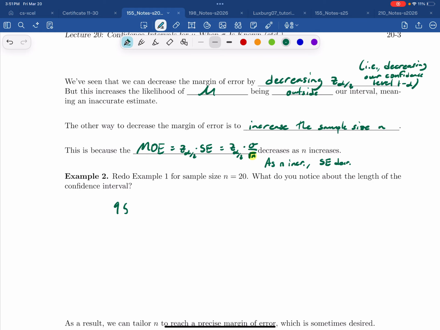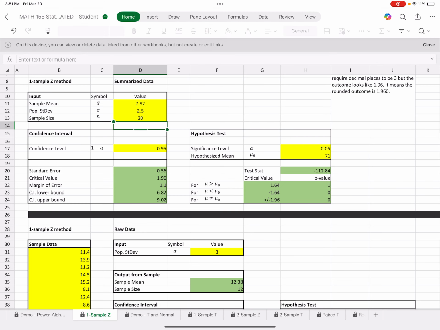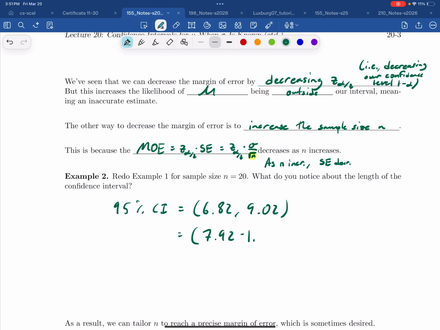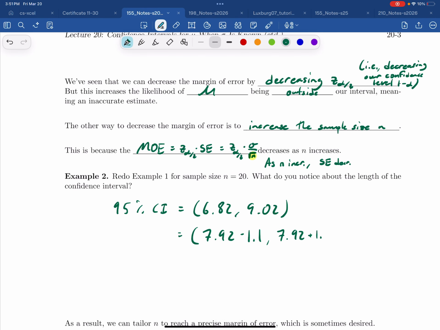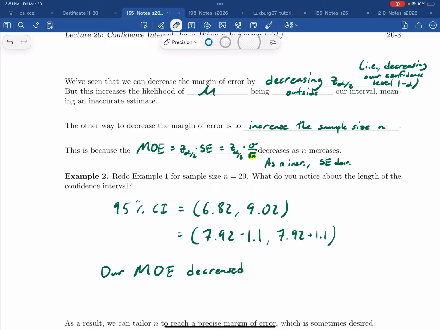So I'll just say the 95% confidence interval now equals 6.82 to 9.02, and this is because we have 7.92 minus, what was our new margin of error? 1.1. Right? Our margin of error decreased because n increased.